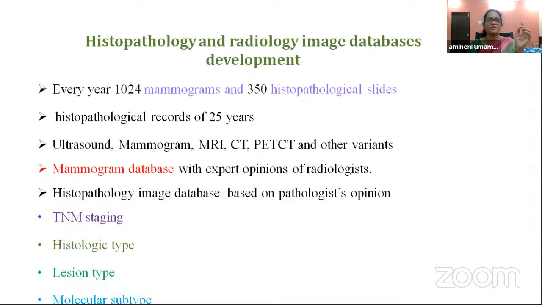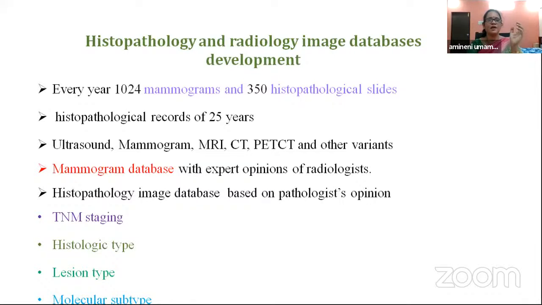In the histopathology, again, staging we need to give in a separate database. Histological type means whether it is lobular or ductal, like that we need to give. Lesion type means whether a calcification or a mass is present.